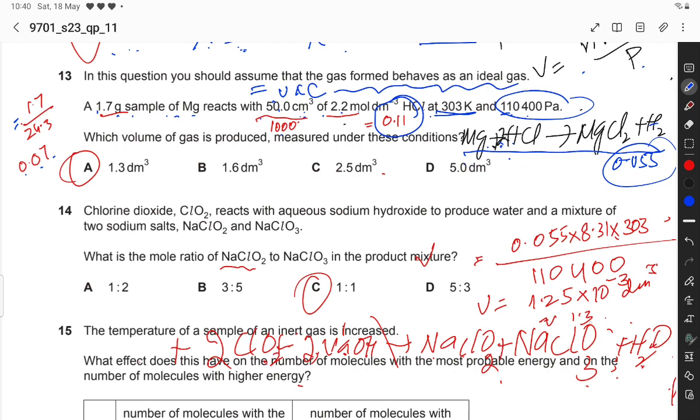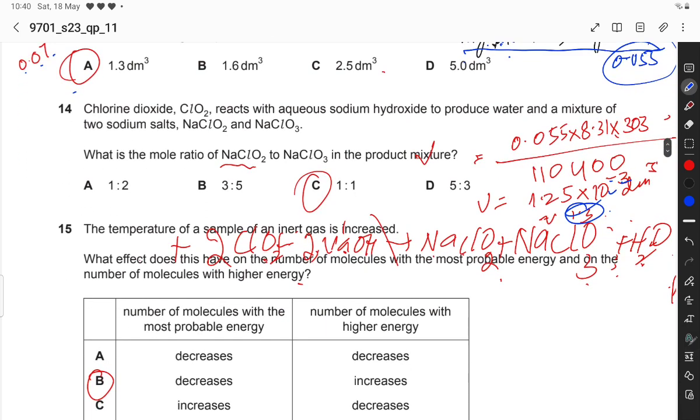So volume is equal to 1.25 into 10 raised to minus 3 dm cube. So this is equal to 1.25, that is nearly equal to 1.3. So this answer is the correct option.